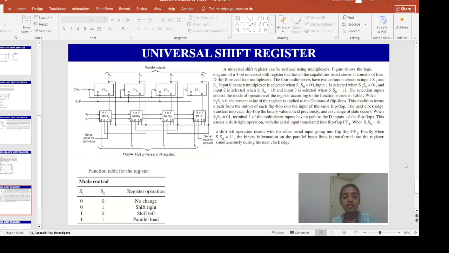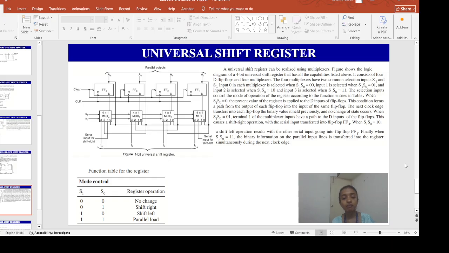If the register has both shift and parallel load capabilities, it is referred to as a universal shift register. So a universal shift register is a bidirectional register whose input can be either in serial form or in parallel form, and whose output can also be either in serial form or parallel form.